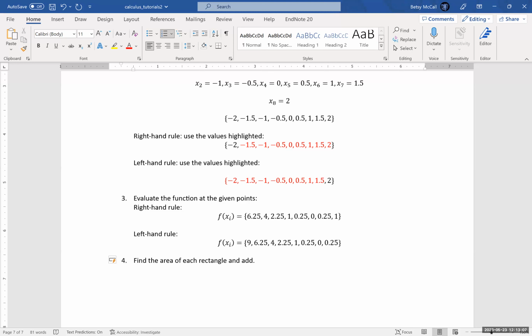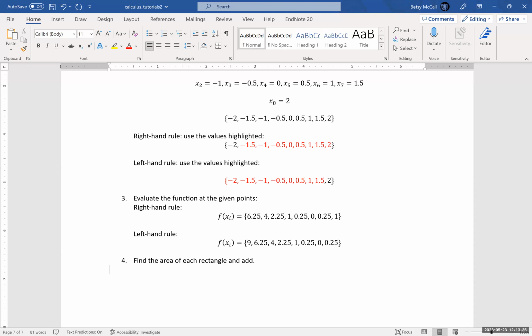Now you can actually do these in two different orders. You can take your delta x, which is the width of your rectangle, multiply it by each one of these values in your list, and then add them up. Or because the rectangles are all the same width, you can add up the heights and then multiply by the width one time.